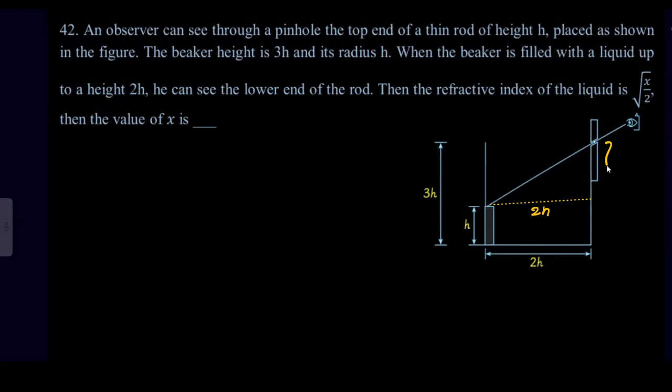And how much is this value? 2h. Yes, this is 2h. Now, if I call this angle theta, here this person is able to see here. I'm calling this the normal.